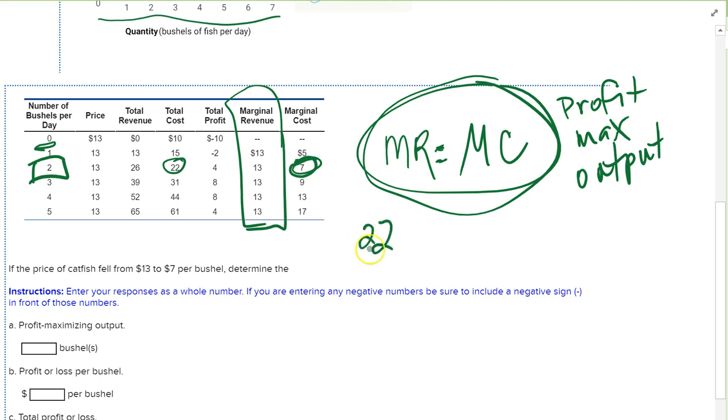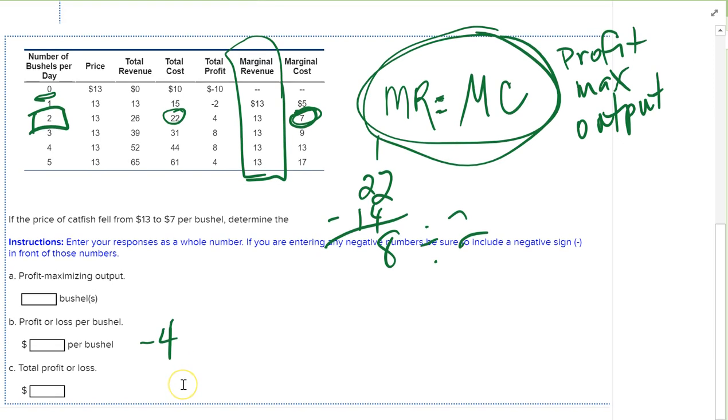So 22 minus 14 is going to give us 8. So the profit or loss per bushel then is 8 divided by 2, because that's a total loss. So it's going to be -4 to indicate a loss. So that's where I got that information. And then total profit or loss is that 8 that I came up with originally.